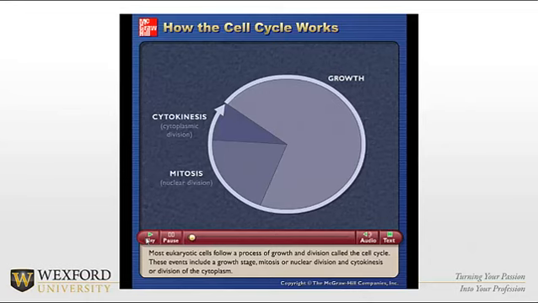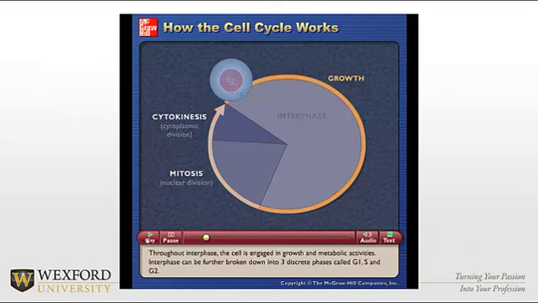Most eukaryotic cells follow a process of growth and division called the cell cycle. These events include a growth stage, mitosis or nuclear division, and cytokinesis or division of the cytoplasm. Throughout interphase, the cell is engaged in growth and metabolic activities.